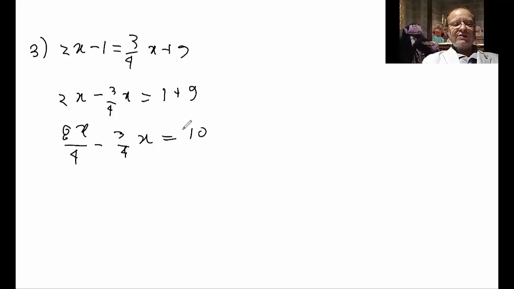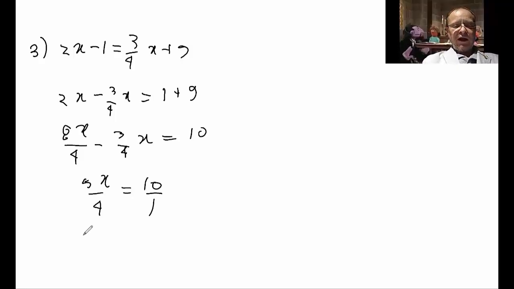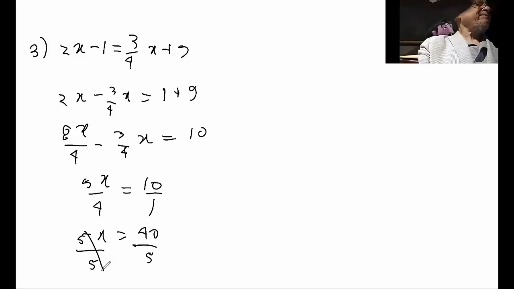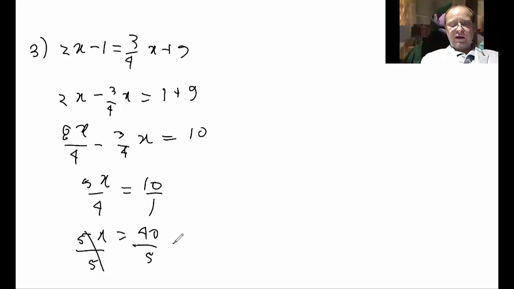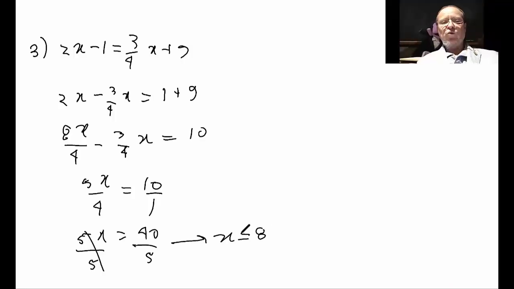So that means we can subtract and get 5x over 4 is equal to 10. And then we can apply the ratio method, and we end up with 5x is equal to 40. And then we can divide by 5 and find that x is equal to 8. And yes, that is definitely one way to do it.